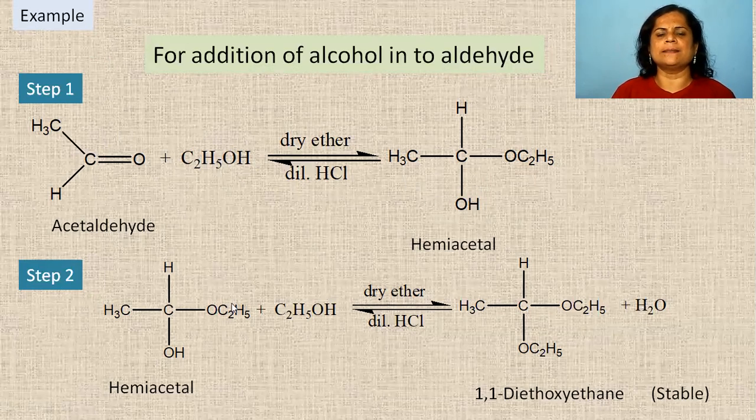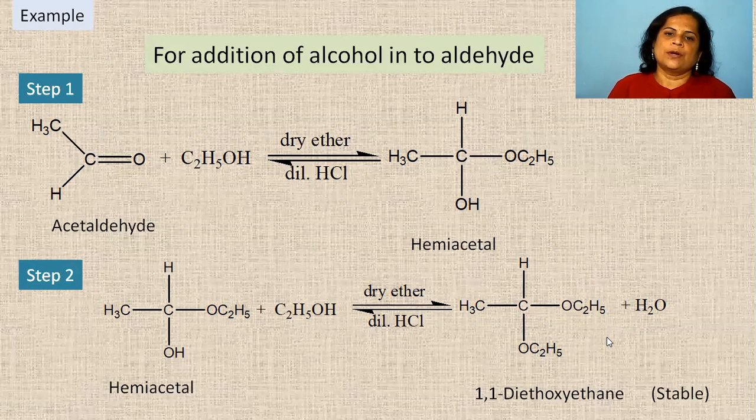In the second step, the hemiacetal reacts with one more molecule of ethyl alcohol, and removal of H2O takes place. For the removal of H2O, the alkoxy group from C2H5OH is added on that carbon, and one H and the OH group are removed as H2O.